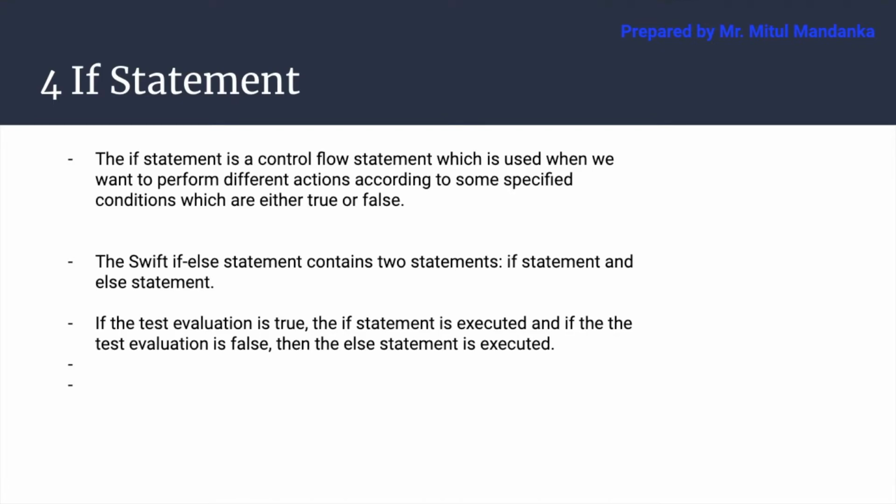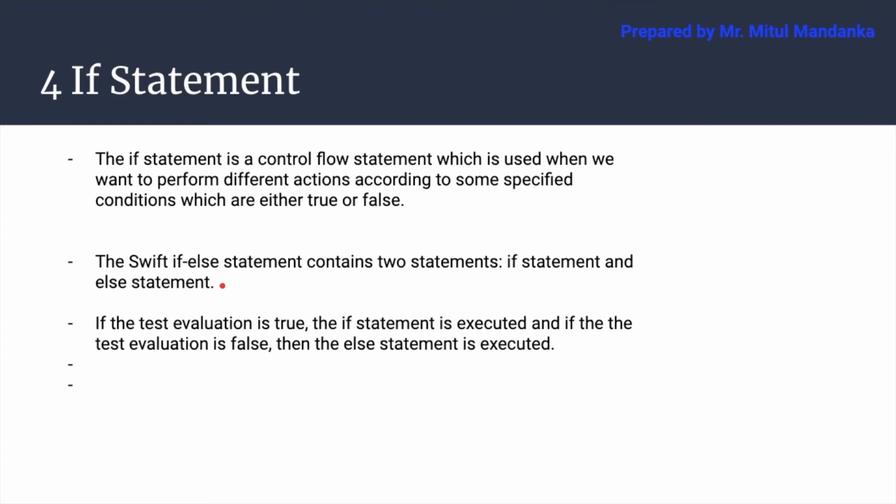Let's discuss the if else statement. It's a very easy thing. If you have knowledge about the if statement, then I think if else is an advanced part of the if condition. The Swift if else statement contains two statements: first is the if statement, which we discussed earlier in this session, and the second is the else statement.